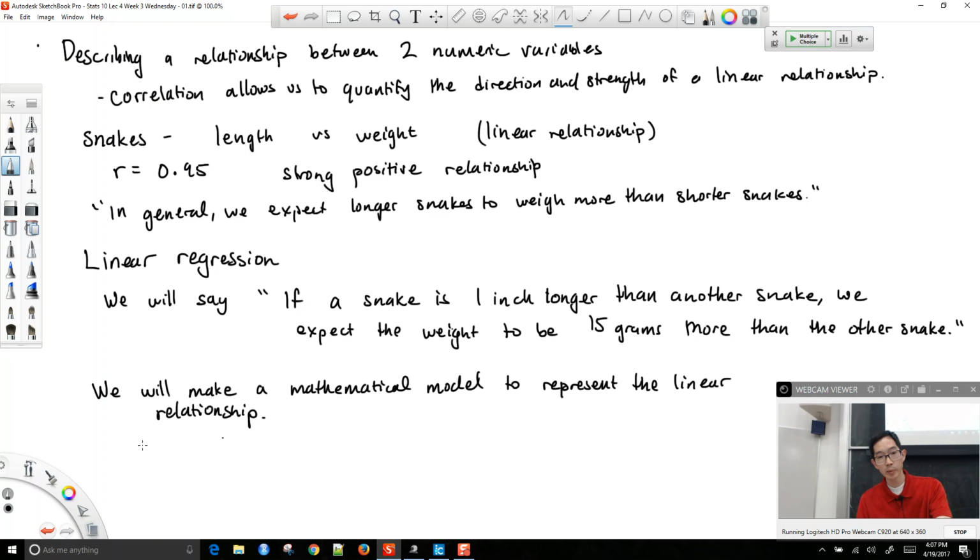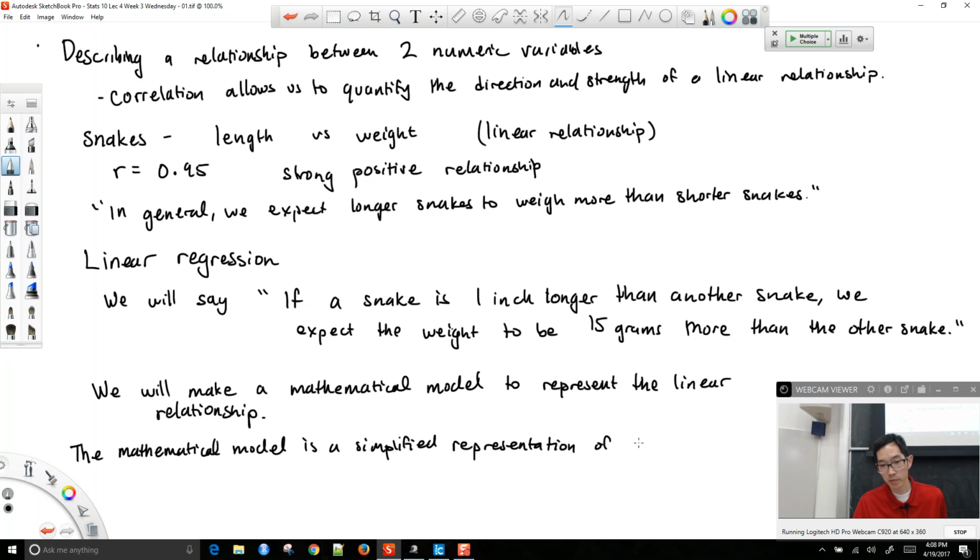And what we mean by a mathematical model is that a mathematical model is a simplified representation of what is happening in reality, at least in this case.